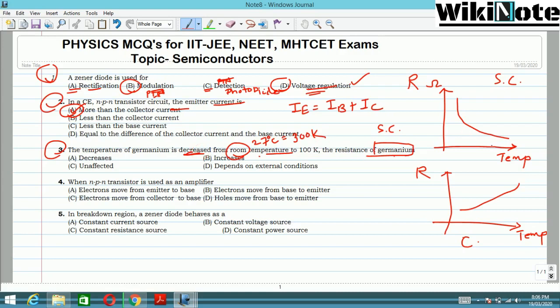Suppose here I have 300 Kelvin and from there I get 100 Kelvin. If you look at the graph, temperature is decreasing, so what will be the effect on resistance? Here the resistance value is less, while here the resistance value is higher, so resistance is going to increase. As the resistance is asked for the semiconductor, this is the correct answer.